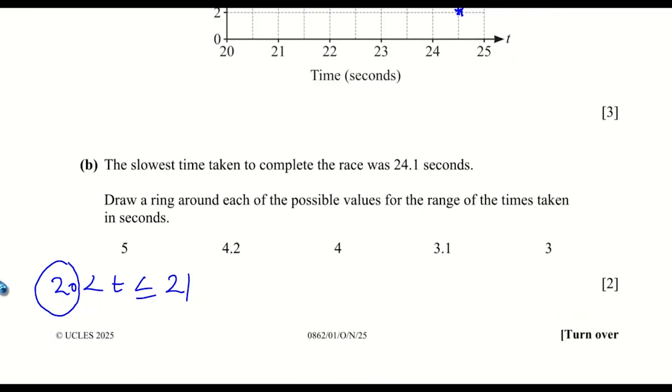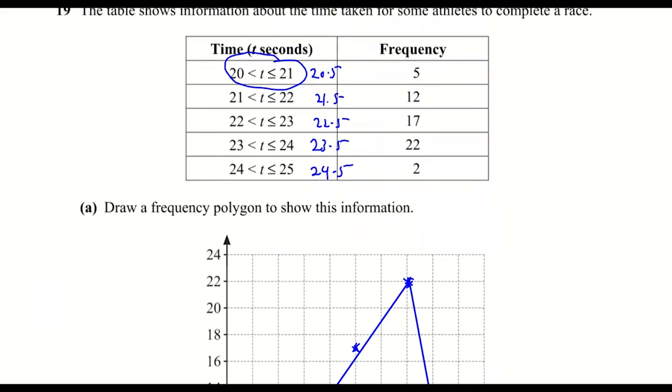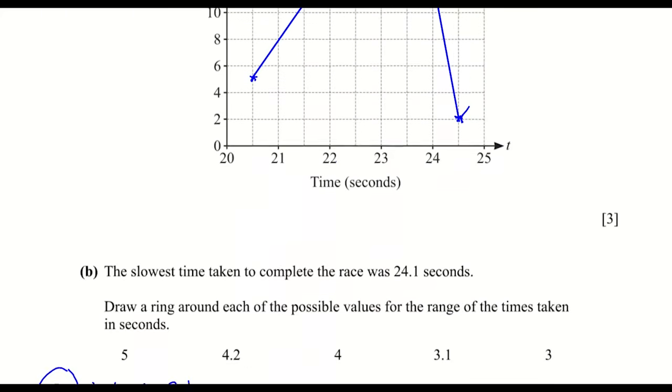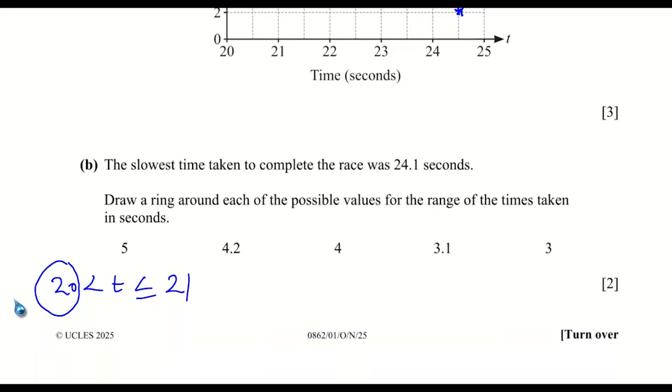So since it could be an integer or a whole number, what we can do here is to take the smallest to be, let's say, 20.1 for instance, and we have up to 21. So what is the highest here? The highest is 24.1 as given here.